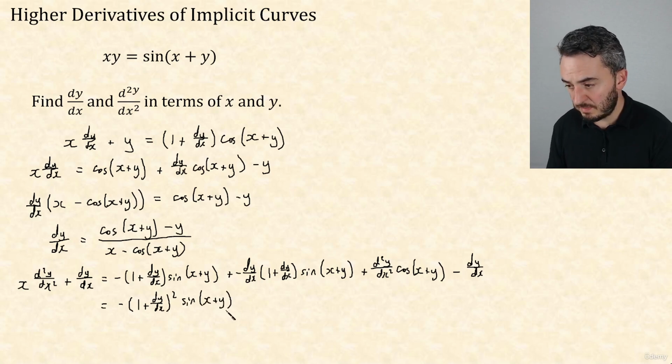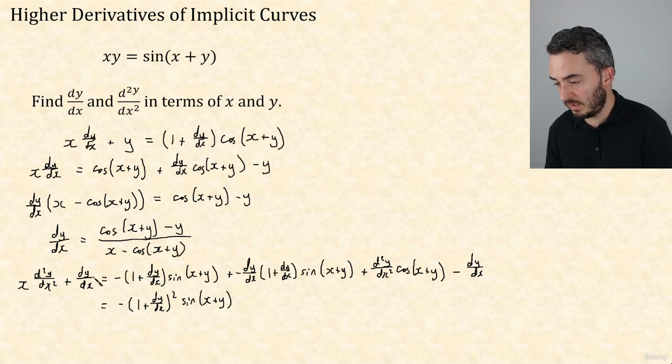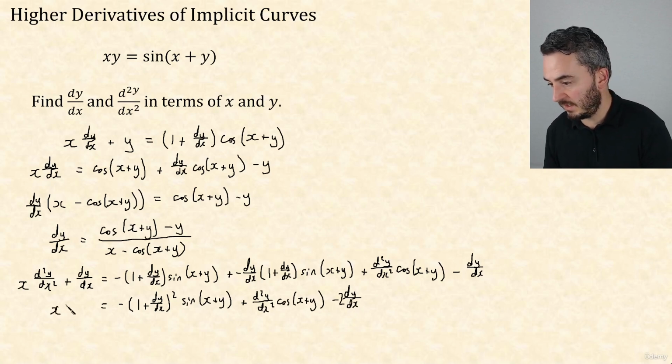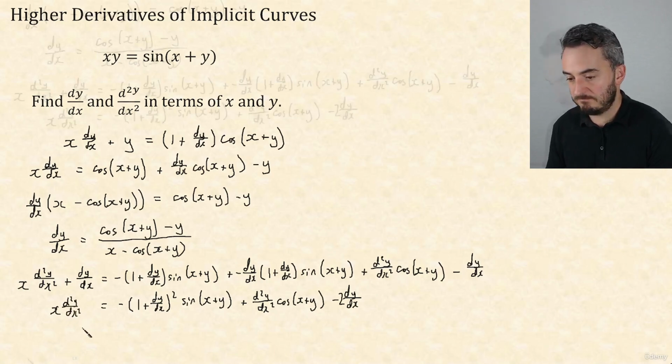So that's cleaned up a little bit there. What else can we do? We can subtract dy/dx from both sides. We've still got this term, the d²y/dx² cos(x+y), and we've got minus 2 dy/dx when I subtract that, and that's x d²y/dx².